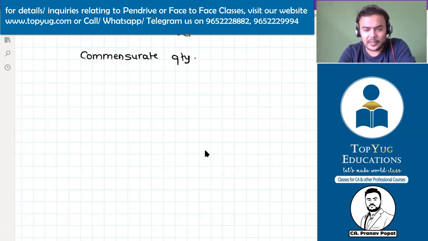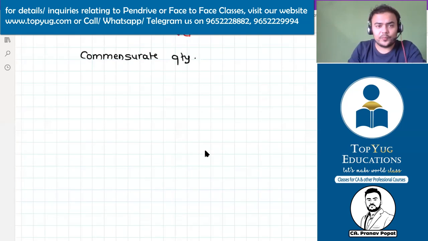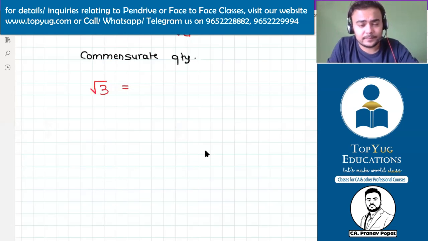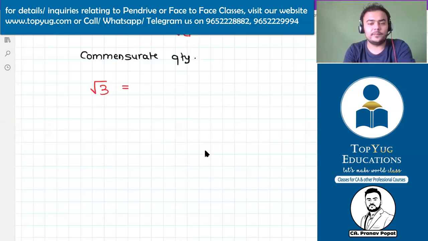That was the rational number. Now tell me, square root of 3, is it a rational number or not? No, sir. We cannot write square root of 3 in a proper ratio form with integer values. That's why it was an irrational number.